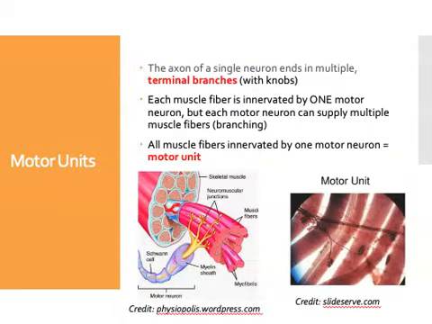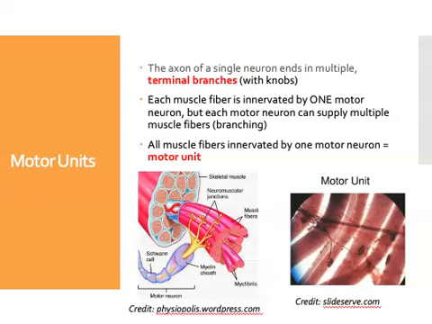So, an individual neuron sends out an axon. At the end of the axon, there is branching that occurs, and each one of those branches will communicate with a single muscle fiber. Each one of those branches, as it communicates with that muscle fiber, will itself branch out into terminal branches that make up the neuromuscular junction.